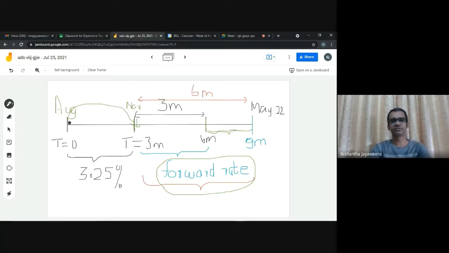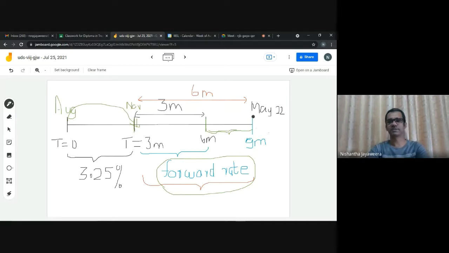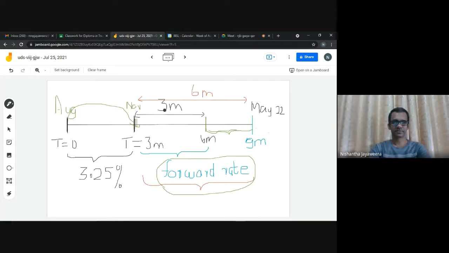Okay. You know, you want to borrow in November 2021 for a 6 month period. That means you can pay it back in May 2022. But you don't want to wait until this time to fix the interest rate for that borrowing. You want to fix that interest rate today in August. That's all about this product.